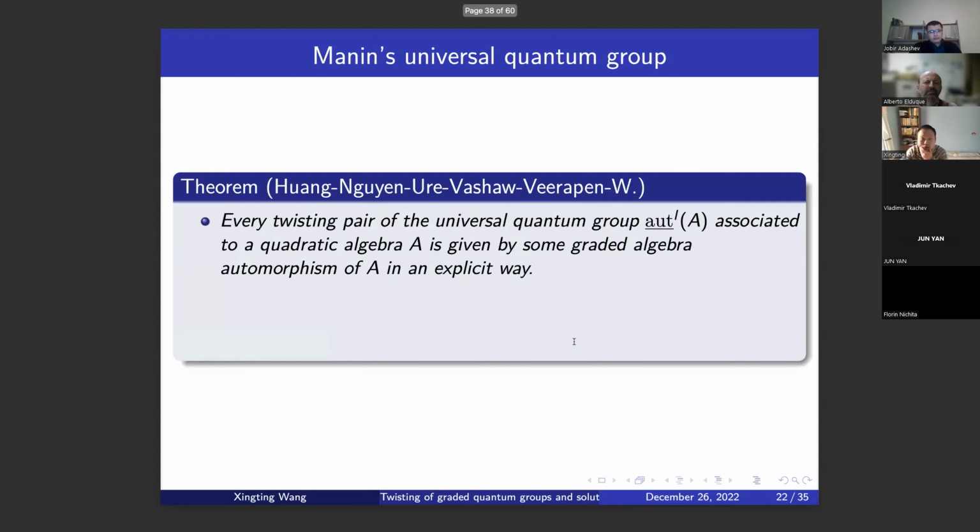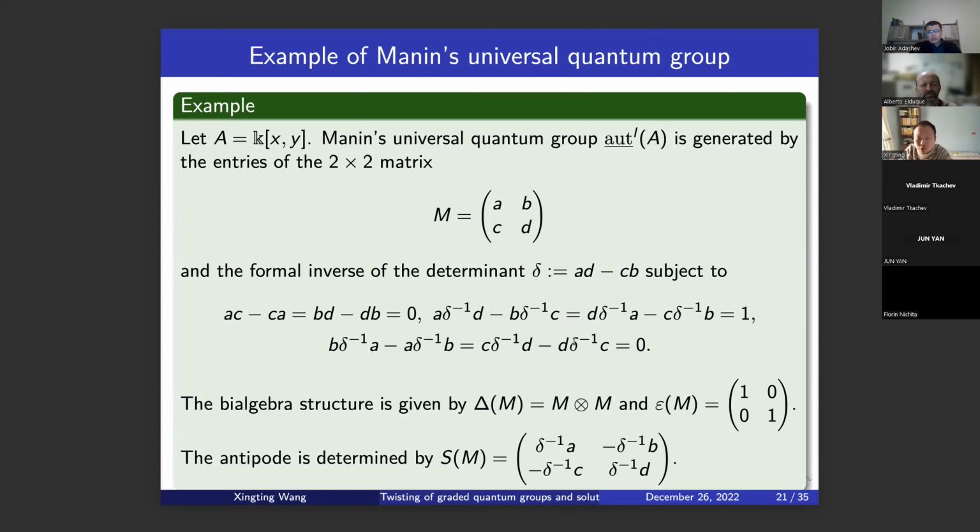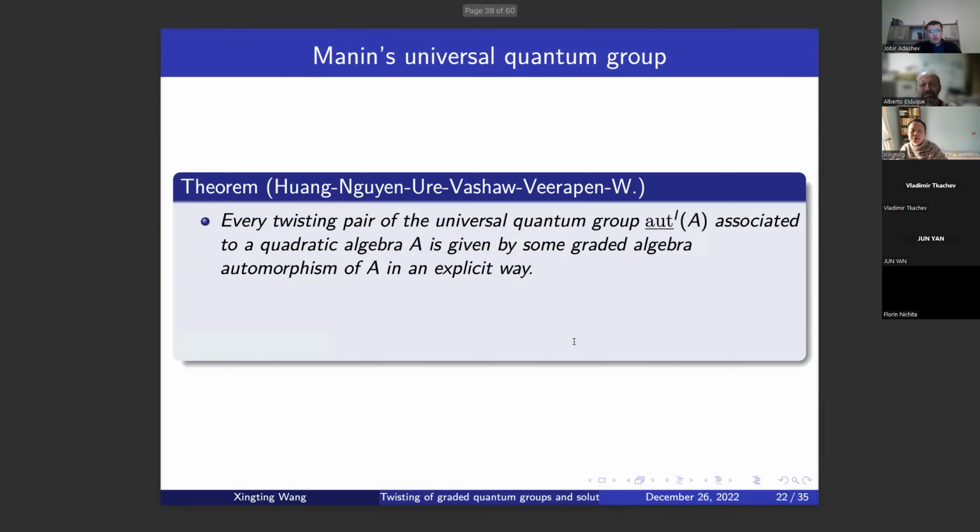Even though the algebra structures are pretty crazy, we can actually compute all the twisting pairs. One thing we show is that if you only consider these twisting pairs on Manin's quantum groups, they are actually given by the graded algebra automorphisms of A. So it means there are not a lot of choices, at most GL_n.